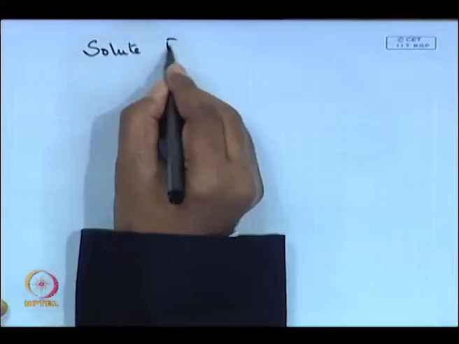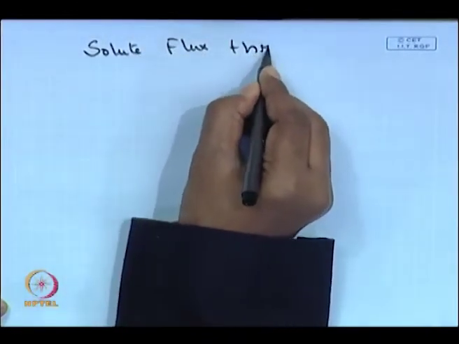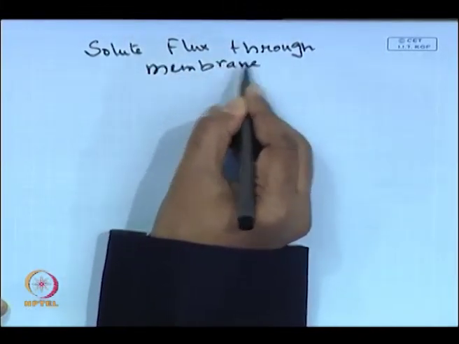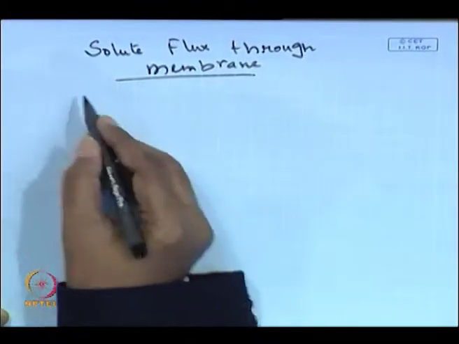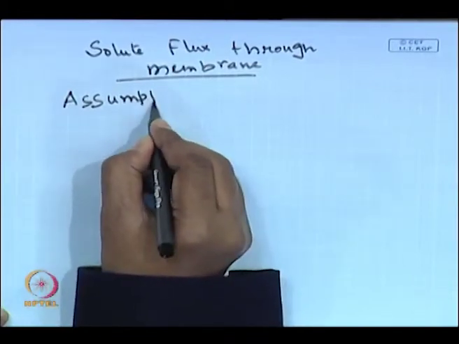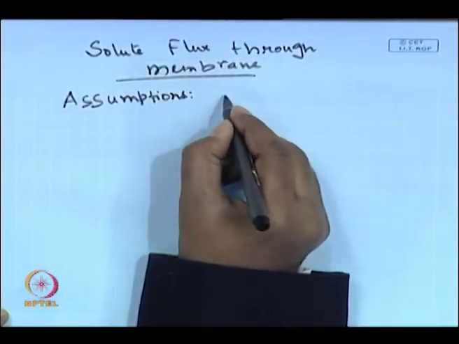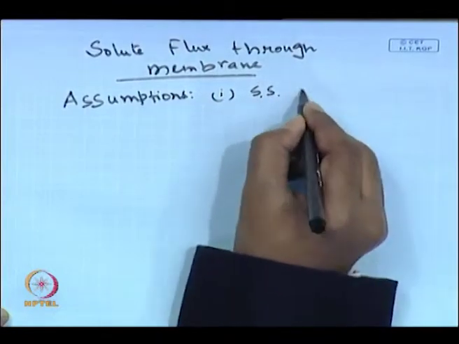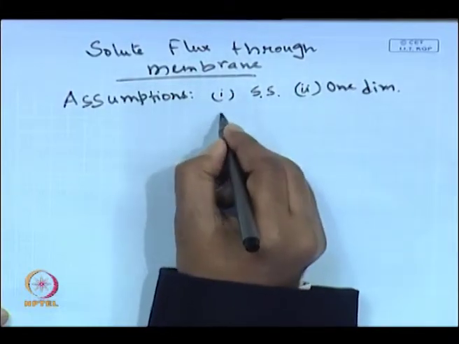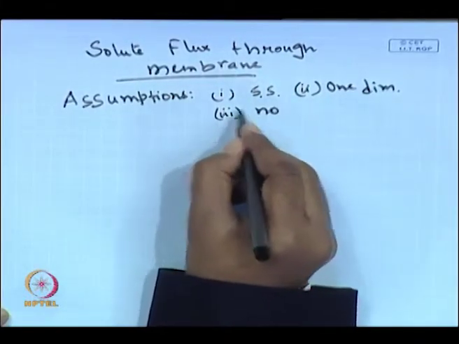Fine. Next, we look into the solute flux through the membrane. The assumptions involved are the same: steady state, one dimensional transport, and there is no coupling.